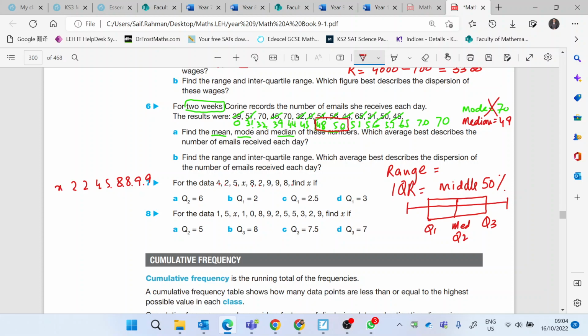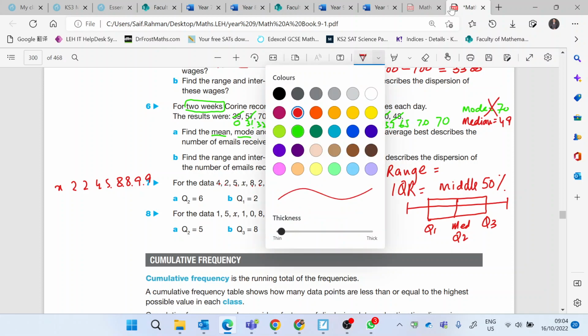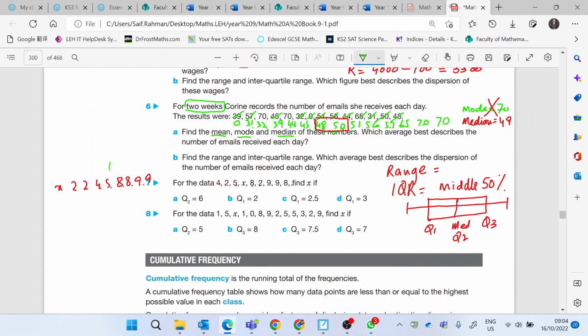We have been given certain values as well. Q2 is 6, so the middle number is 6.